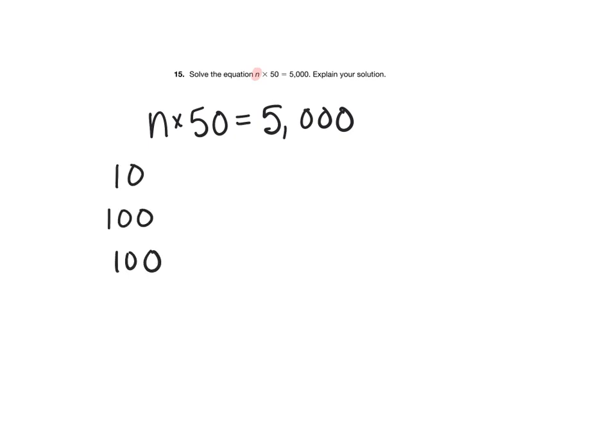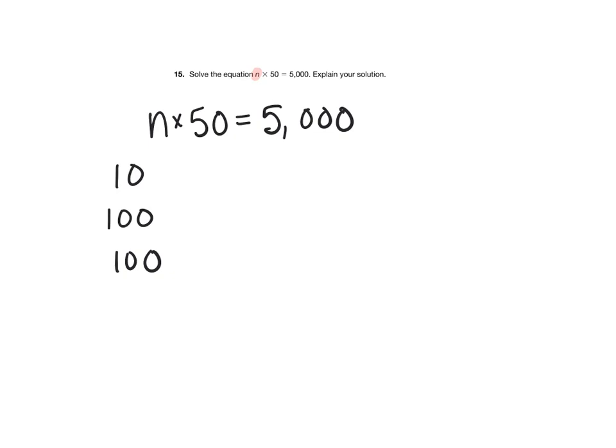Okay, solve the equation. N times 50 equals 5,000. They're giving us a little taste of algebra here. Some mystery number times 50 will give us 5,000. Well, let's see. It's either going to be 10, 100, or 1,000.